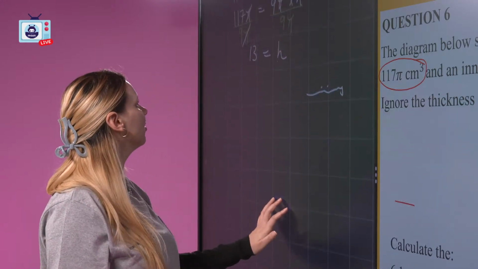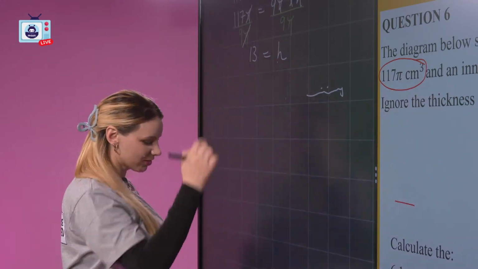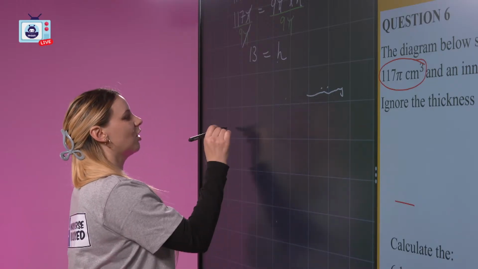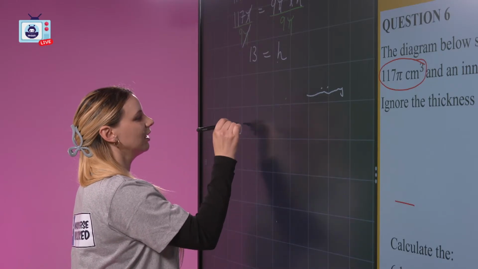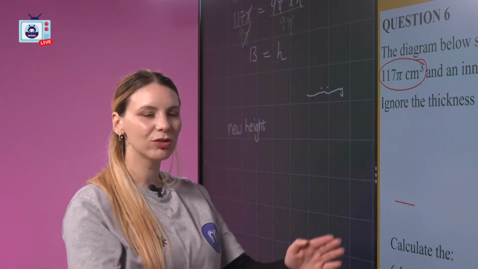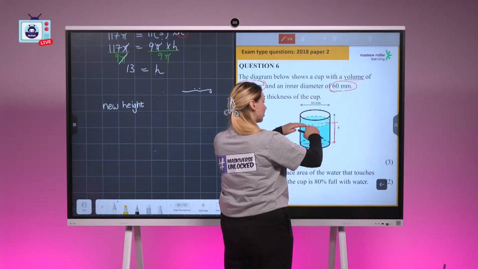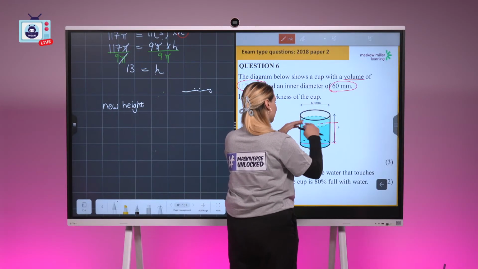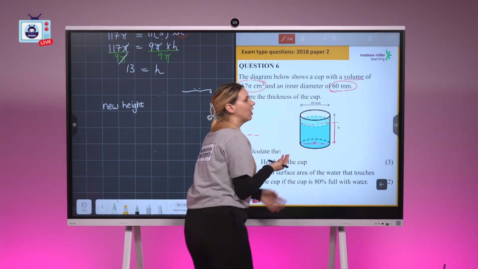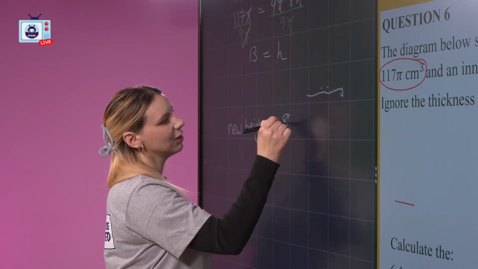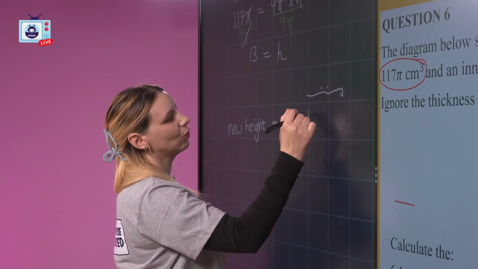So let us use our height that we worked out earlier on and work out 80% of our height. So we're going to say new height. We're imagining a new cylinder where the water is filled up until that, but the height is now less because they want the surface area of that height. So our new height is going to be 80% of our old height.